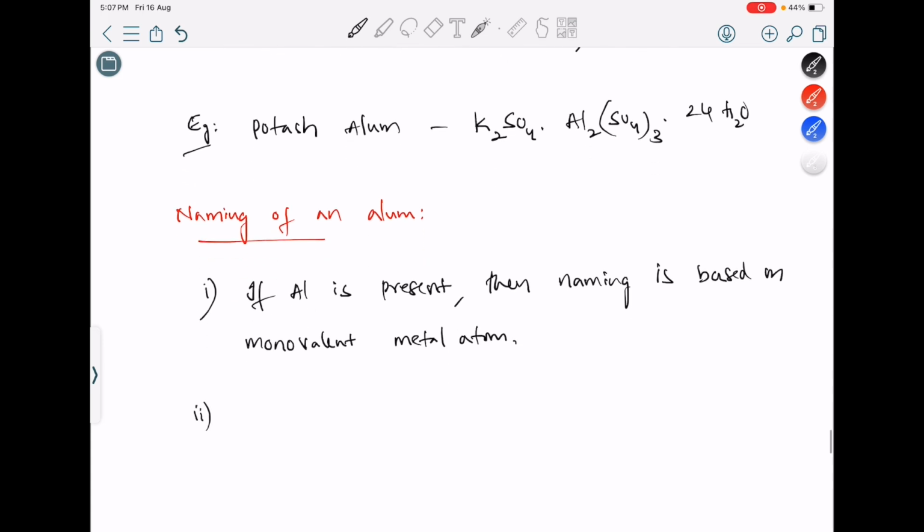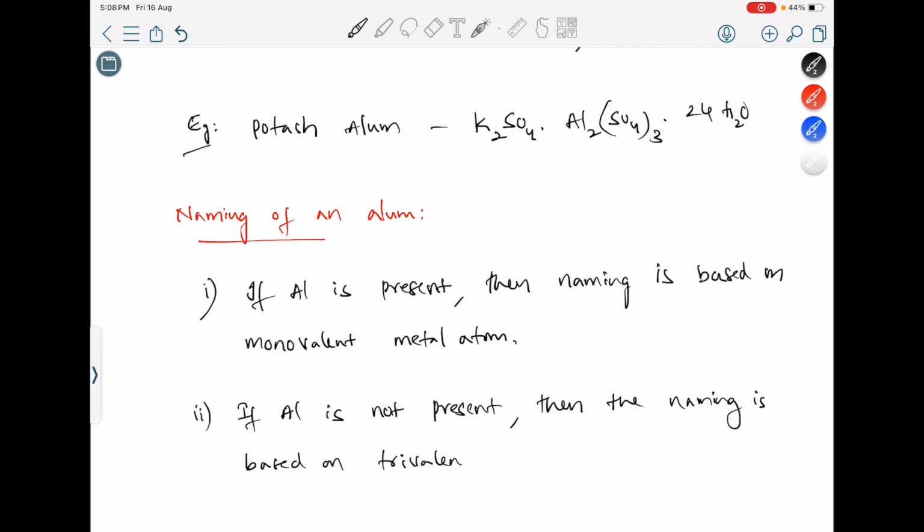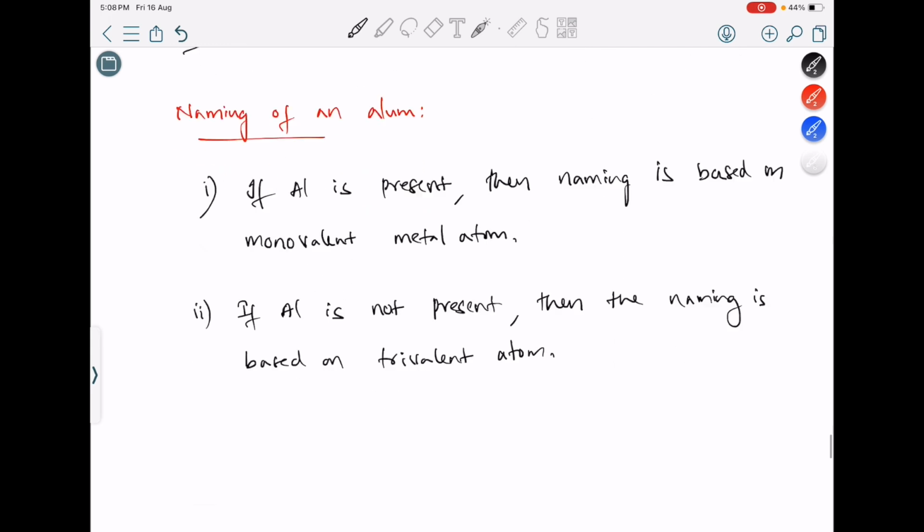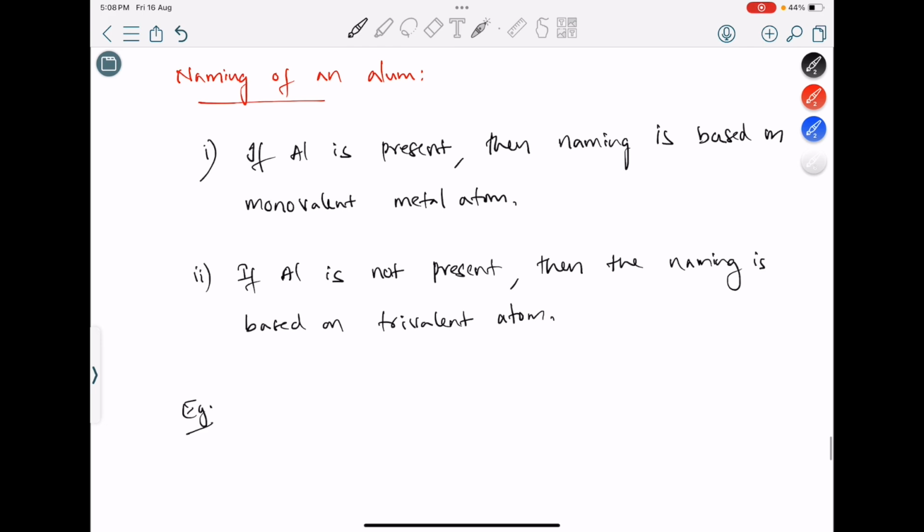Now the second rule says that if aluminum is not present, I repeat, if aluminum is not present, then the naming is based on the trivalent metal atom. Let us take an example to drive this point home.